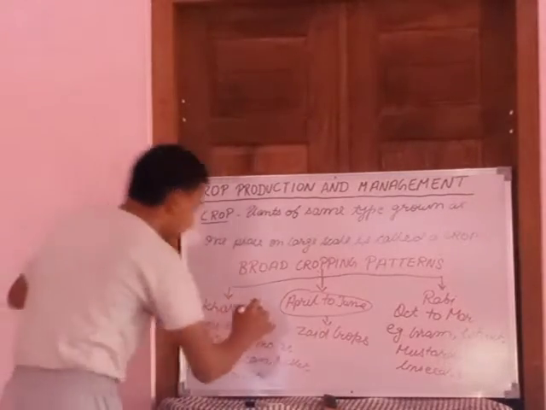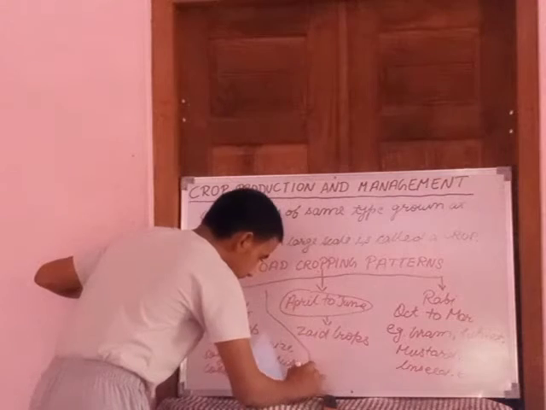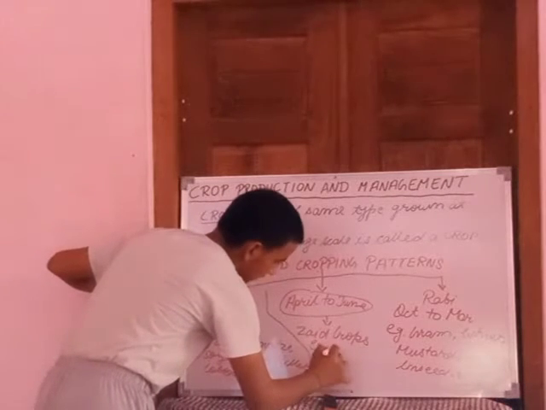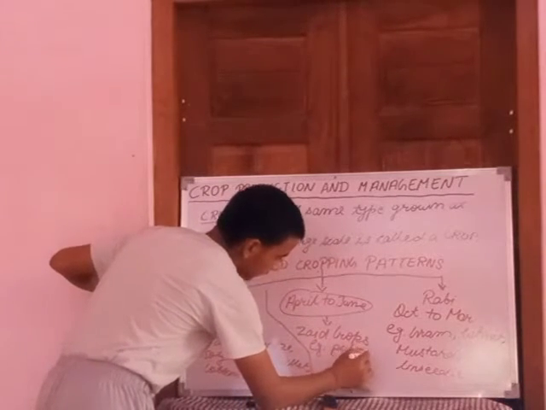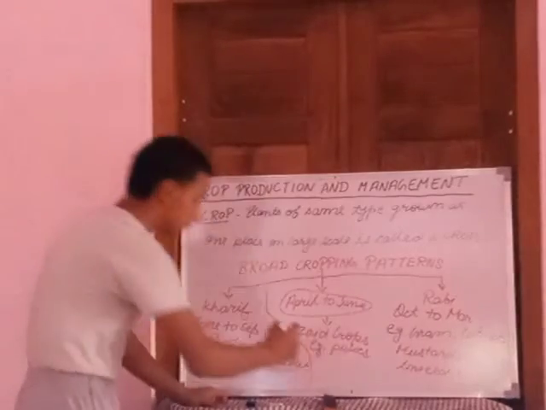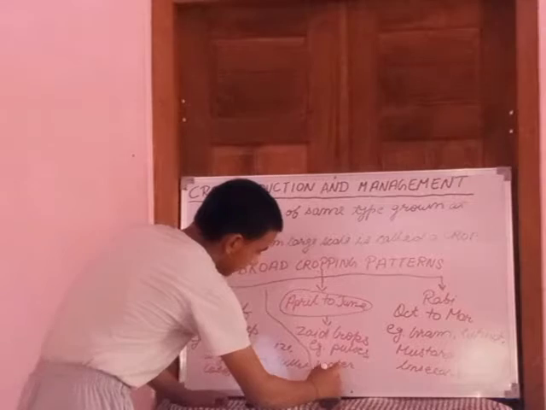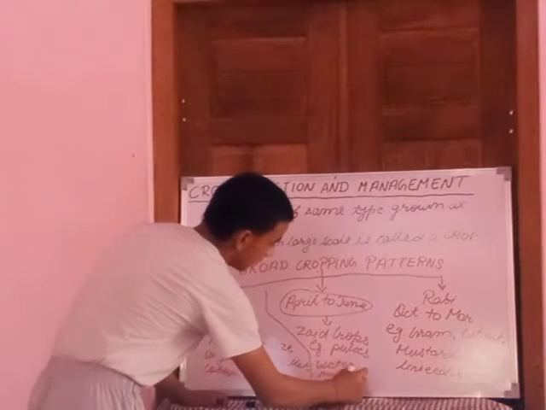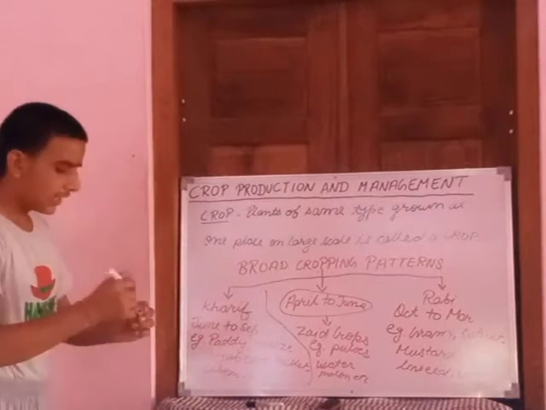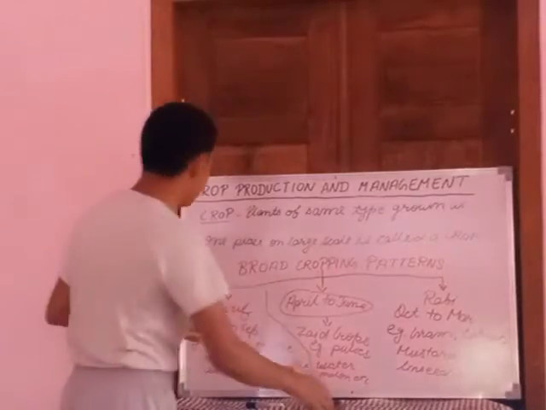Now the examples of the Zaid crops can be pulses, watermelon, melon, and etc.